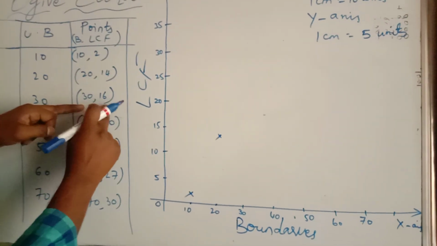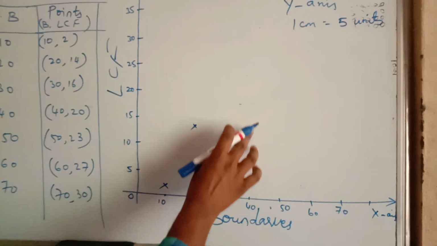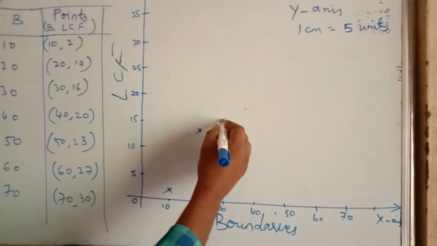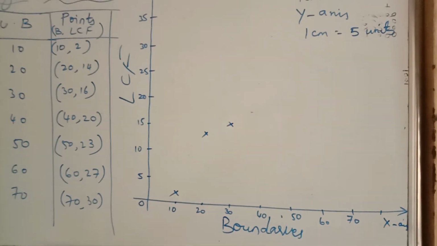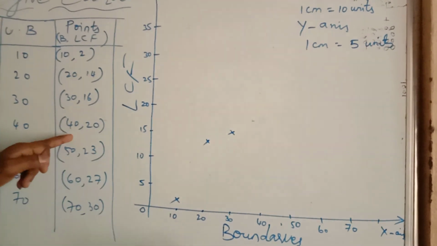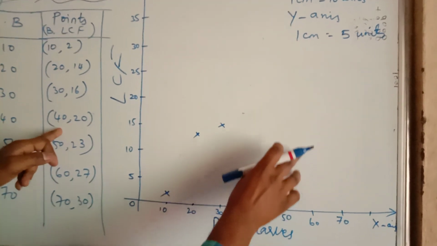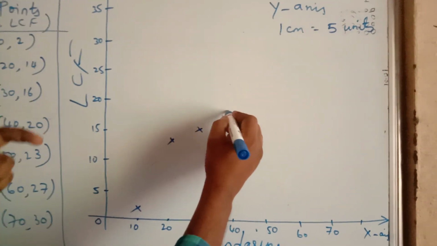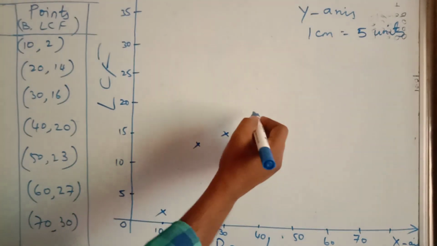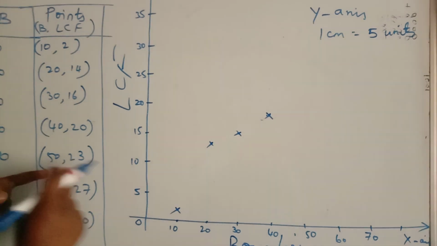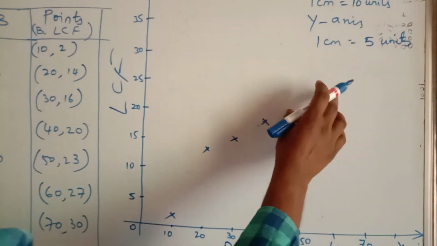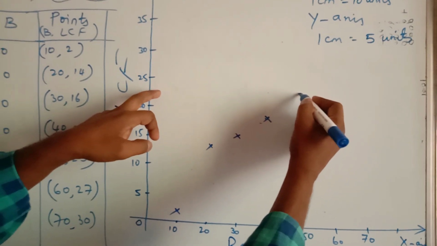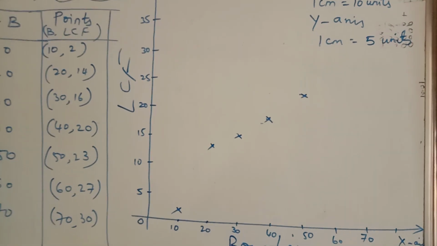The next one is 30, 16. After 15, two lines give the point. Next is 40, 20: straight from 40, wherever you get 20 on the y-axis, you can represent 20. Next is 50, 23: after 20, the sixth line gives 23.